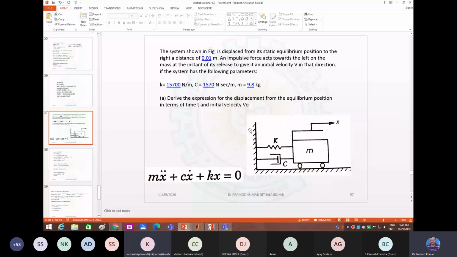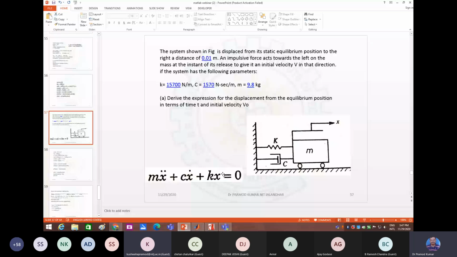I hope this is the question we want to solve here. This is the vibration problem, which is very common for mechanical students, and this is the spring dashpot arrangement. The stiffness is k, and c is the damping coefficient, and mass is m. And this is the expression for the free vibration problem.